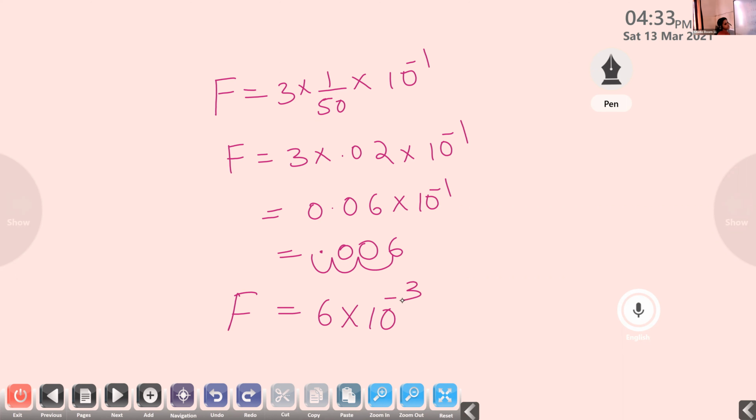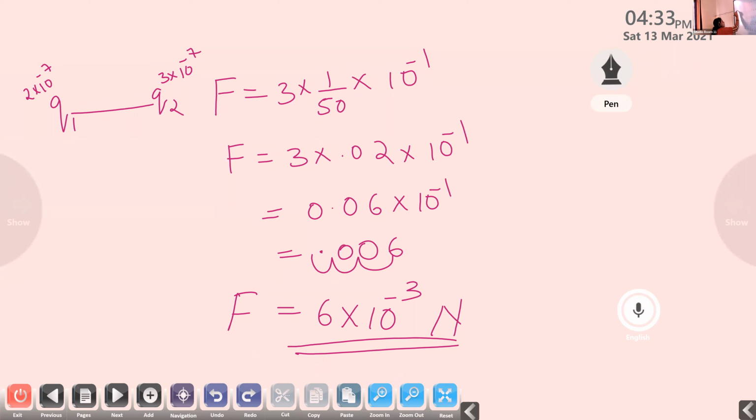What is the unit of force? Newton. So the answer is 6 into 10 raised to minus 3 Newton. This is the force that exists between these two charges, Q1 and Q2. Q1 has a charge of 2 into 10 raised to minus 7 coulomb, and Q2 has a charge of 3 into 10 raised to minus 7 coulomb, separated by a distance of 30 into 10 raised to minus 2 meter.